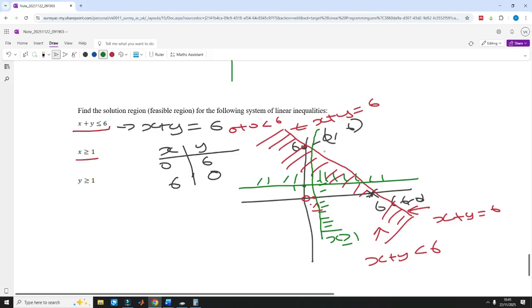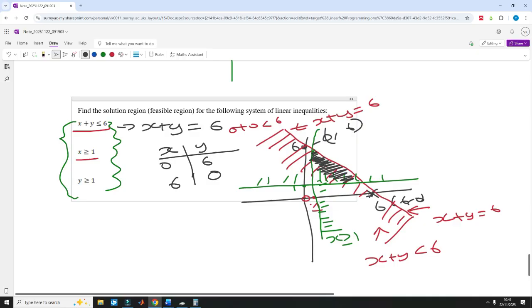So the feasible region is where all these constraints meet. x plus y should be less than or equal to 6 within that region. x should be greater than or equal to 1 in that region. y should be greater than or equal to 1 in that region, and that region will be this one. I'm going to shade that region in gray color. This is the feasible region.